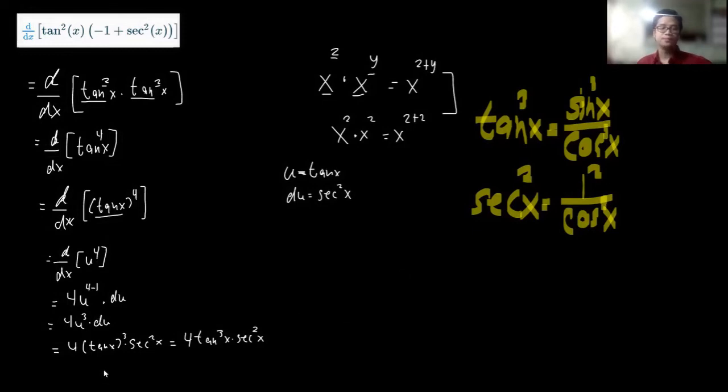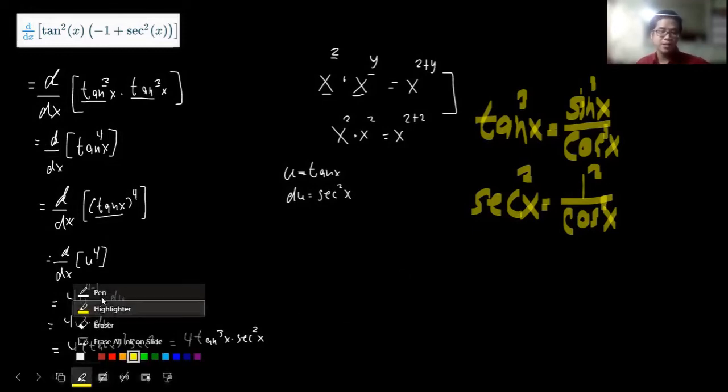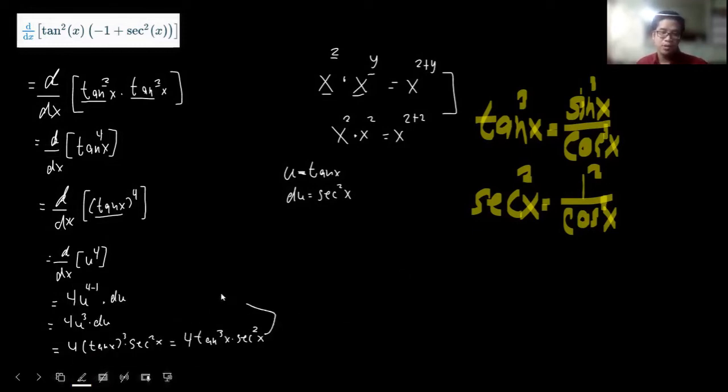So that means I can rewrite this one as, let me put it here because I have more space. So this is 4 times sine cube of x over cosine cube of x, times secant squared, which is 1 over cosine squared.